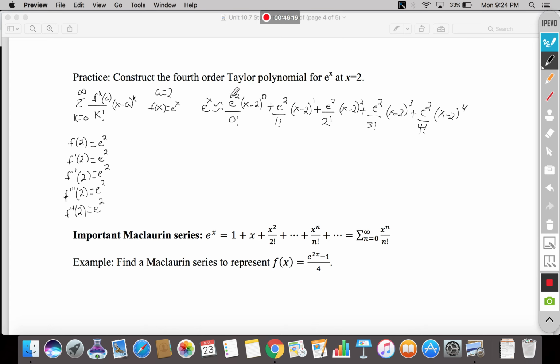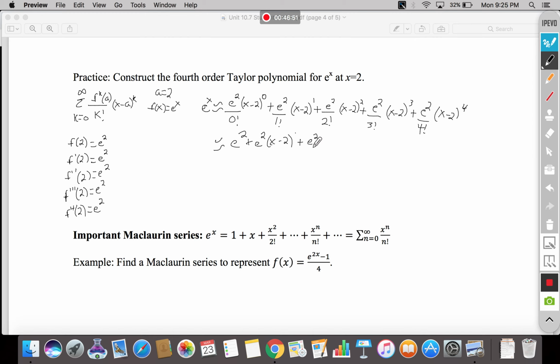Let me clean this up. E squared over 0 factorial. 0 factorial, I already told you, is 1. X minus 2 to the 0, that's 1. So e to the x is approximately e squared plus e squared over 1 factorial, that gives us e squared times x minus 2 to the first power. So I'll just leave it like that.